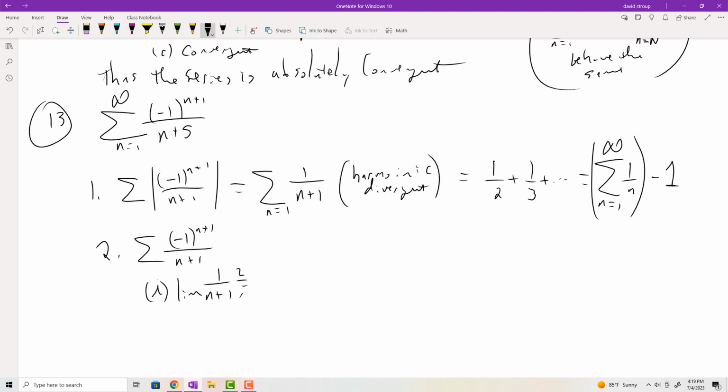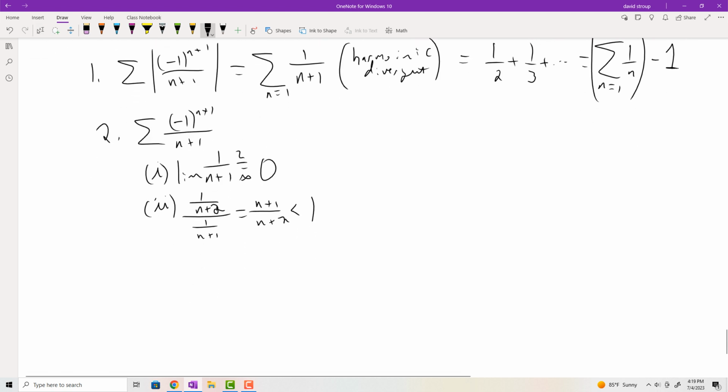That's of the 1 over infinity type, so that'll be 0. Then we do this ratio test: 1 over n plus 2, all over 1 over n plus 1, so that'll be n plus 1 over n plus 2. That's less than 1, so it is non-increasing. And so our conclusion there is convergence.